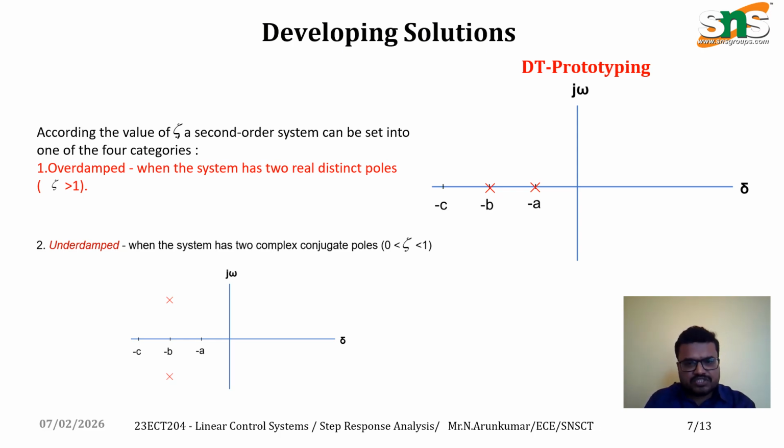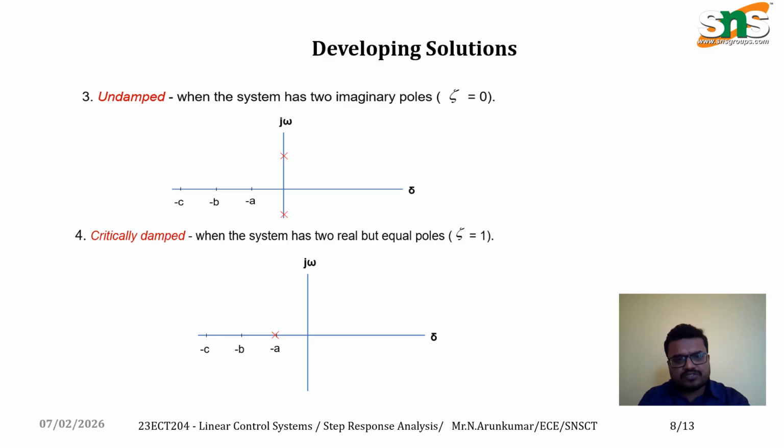The underdamped system is 0 less than delta less than 1, so it must be kept under this value, between 0 and 1. Next one is the undamped system, where delta is exactly 0, so the poles come under plus or minus j omega, and the real part is 0.